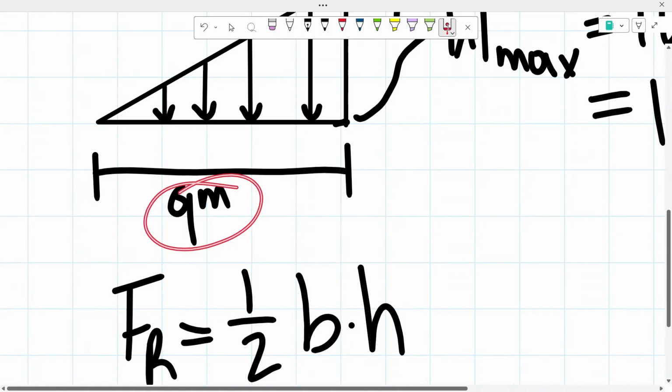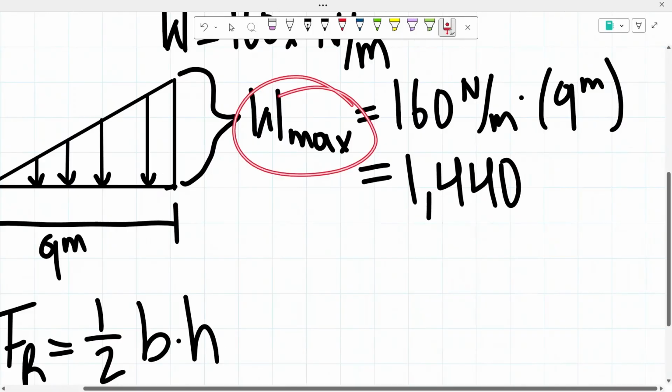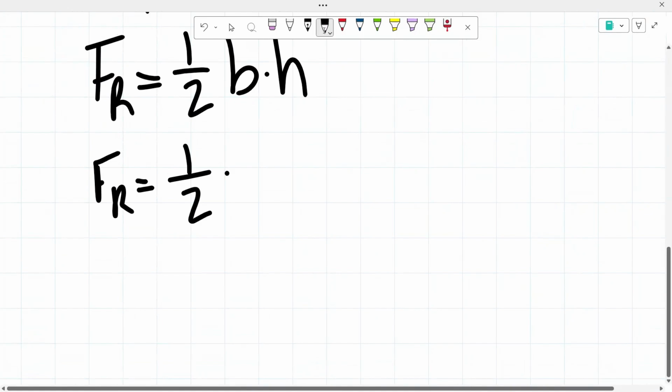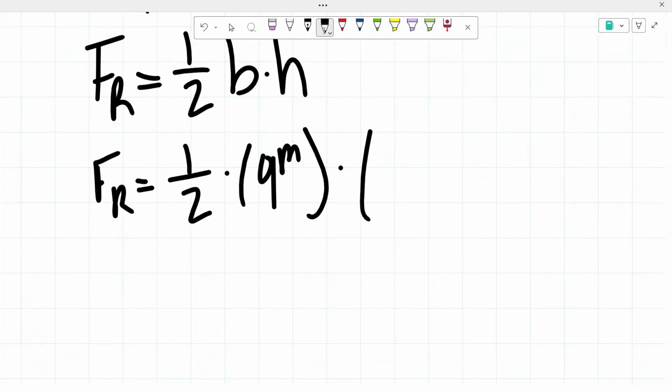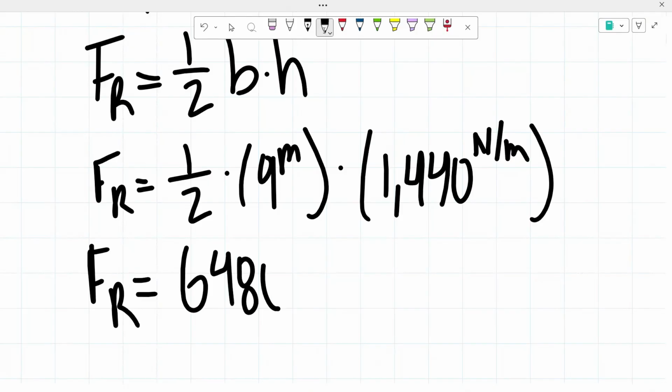And then our height is going to be the value of the weight max. So 1/2 times 9 meters times 1,440 newtons per meter. So that should give us that our resultant force is equal to 6,480 newtons acting downwards.